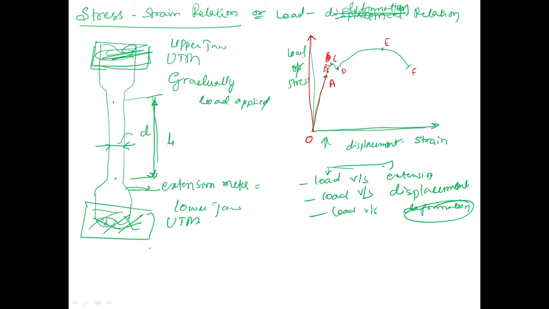But the limit of proportionality is up to point A, and up to point B it is the elastic limit. After that, you are going to get the upper yield point and the lower yield point.